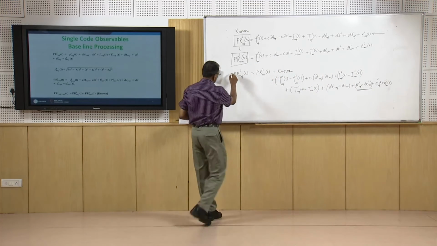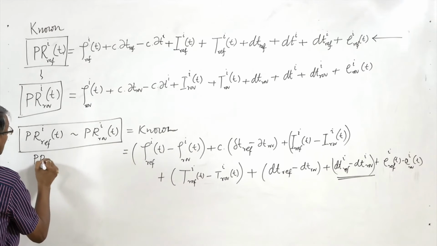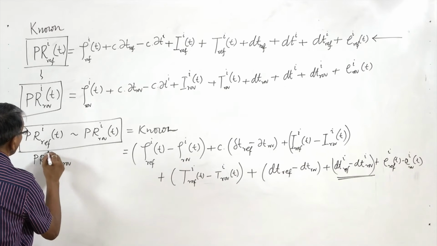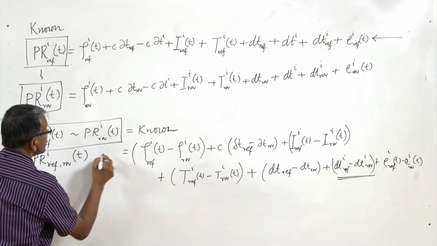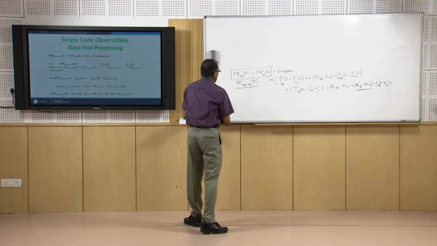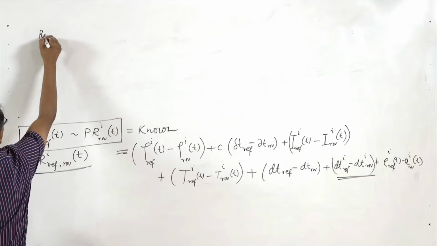So, this is the known part. This can be written as pseudo range reference comma rover from the same satellite I at an epoch t. This is known.